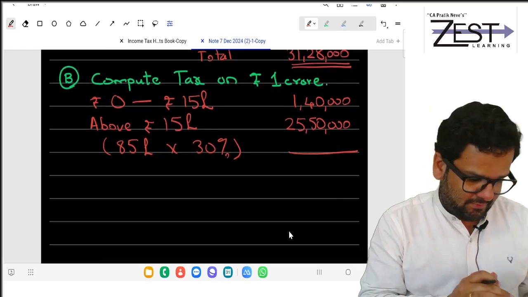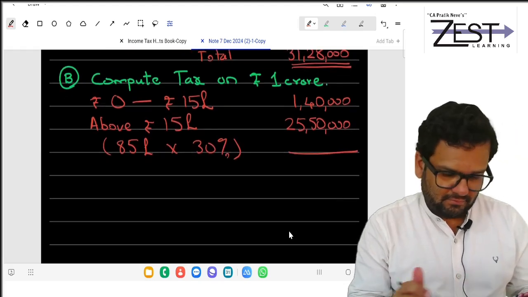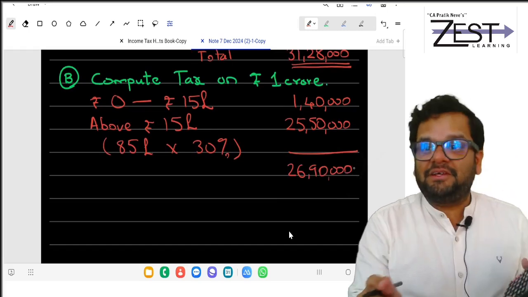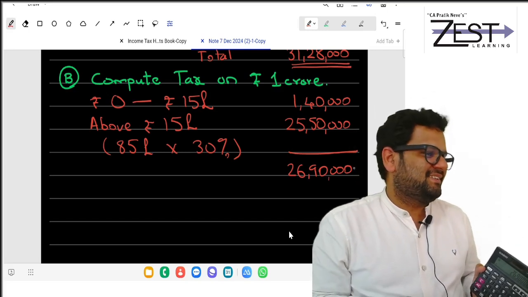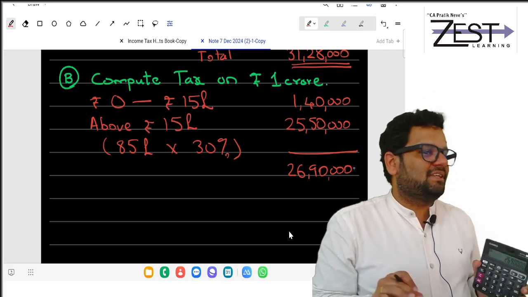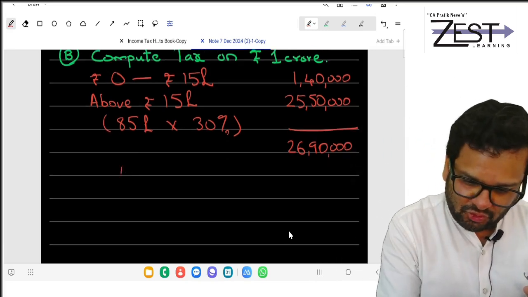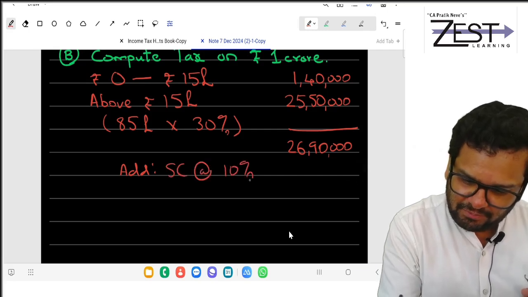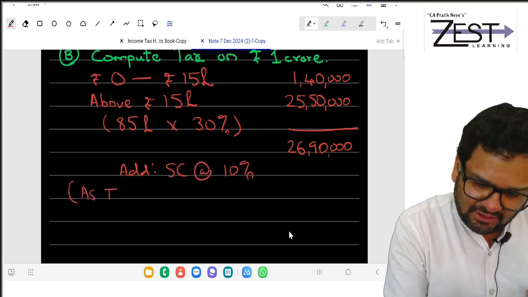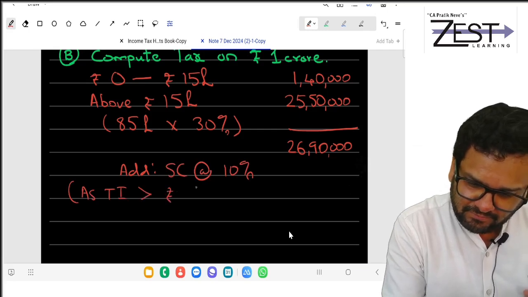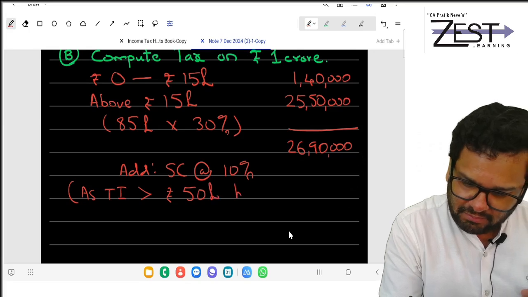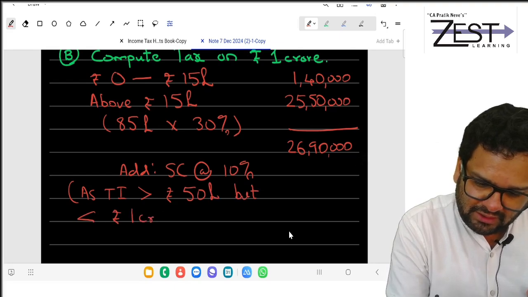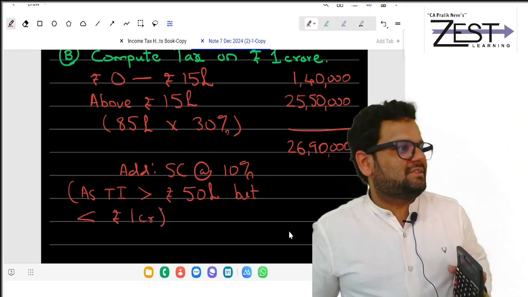Can you take total 26 lakh? But anyways, you would have to pay surcharge at 10%. No one can save you from that. So add surcharge at 10% as total income exceeds 50 lakhs, but less than, less means not exceeding 1 crore.